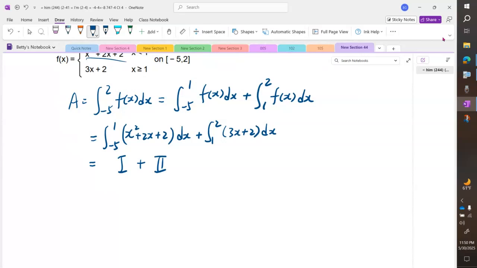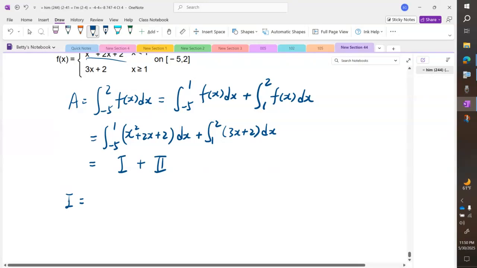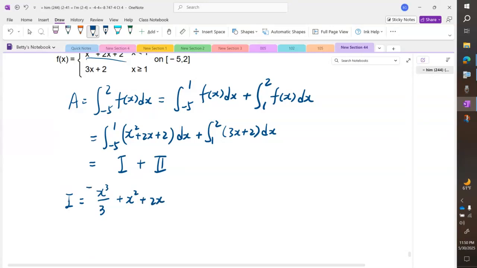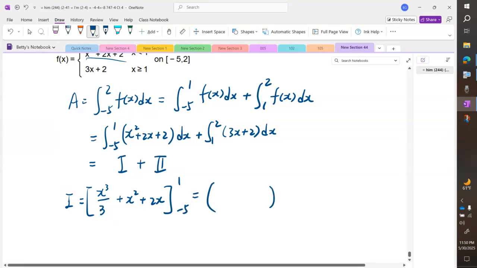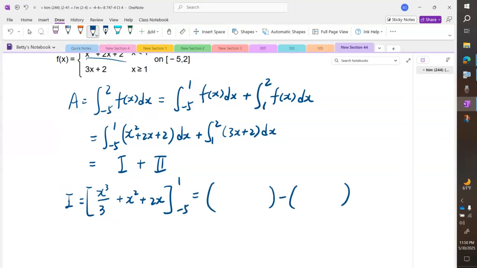Let's do the first one. The antiderivative is x cubed over 3 plus x squared plus 2x, and put in the bracket -5 to 1. So parenthesis minus another parenthesis. First parenthesis, plug in 1. Second parenthesis, plug in -5.